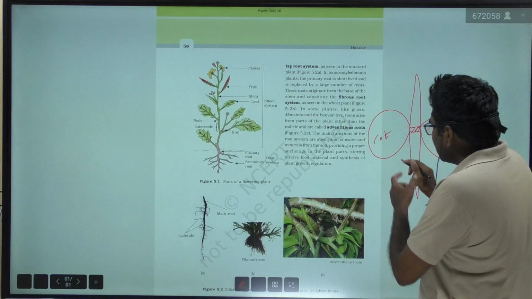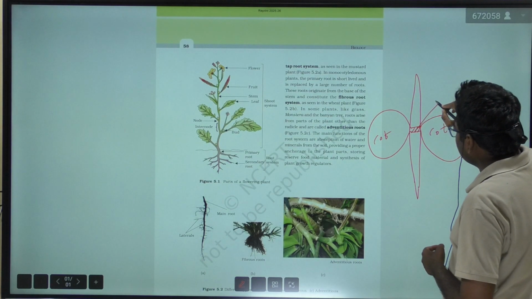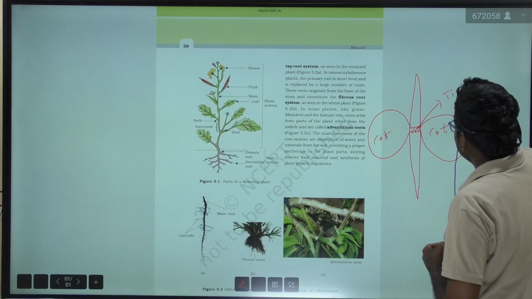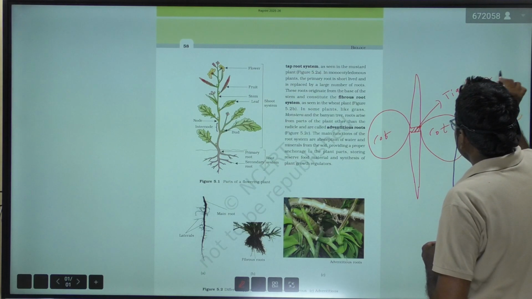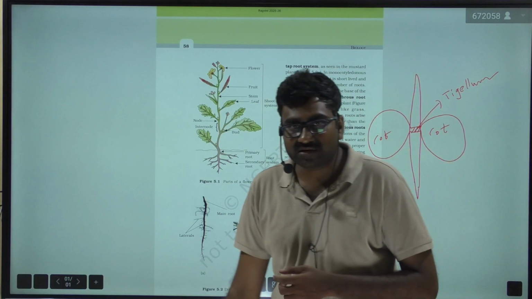So these cotyledons are attached to the tigellum, which is also known as the cotyledonary node.